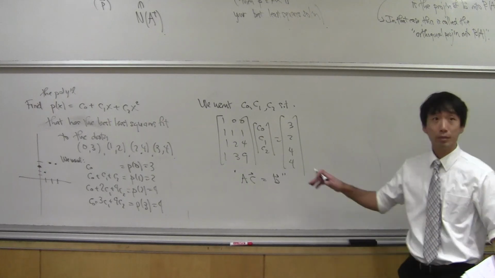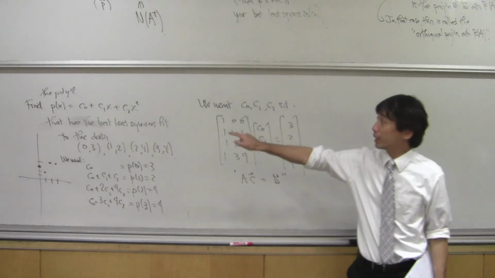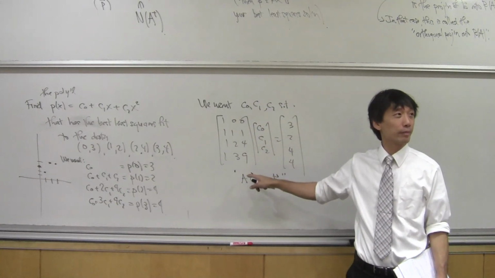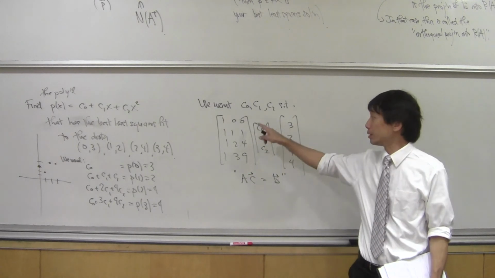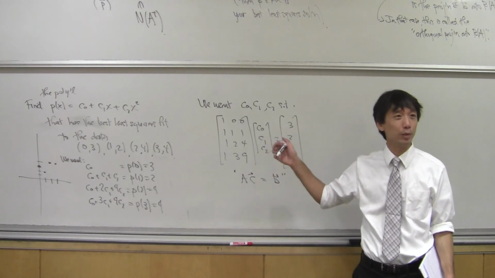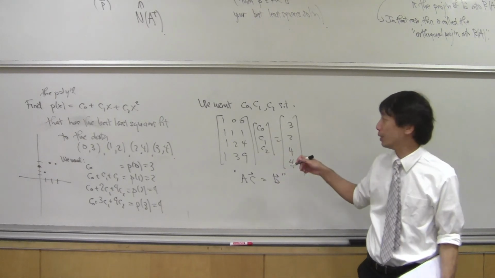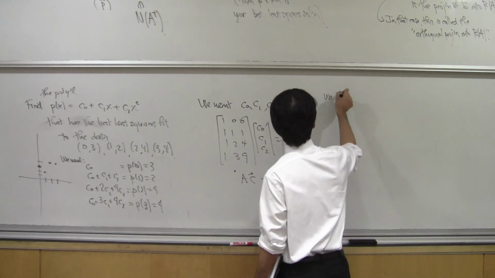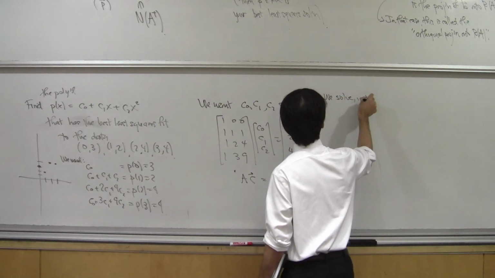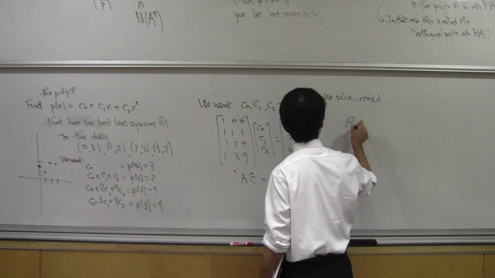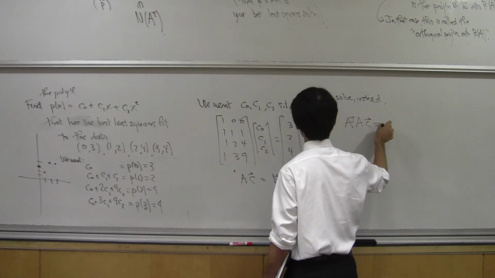So we can write our problem as this overdetermined linear system. We want c0, c1, c2 such that this happens. Of course, it doesn't work. There's no c0, c1, c2 that works. So instead we solve A transpose A c equals A transpose b.